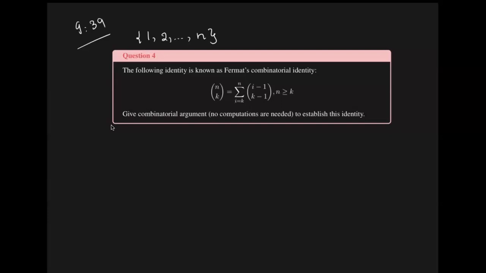Okay, so we will show that the two sides are equal by counting the number of ways to choose k elements out of the set 1, 2, 3 up to n.